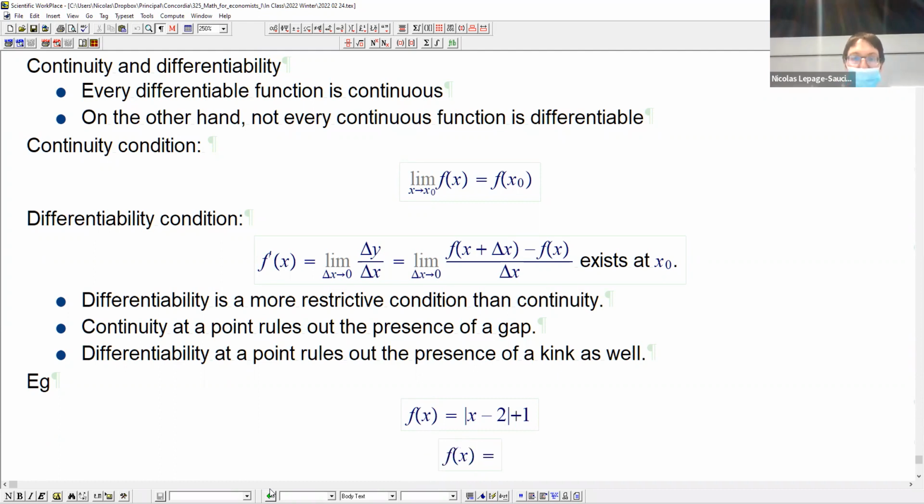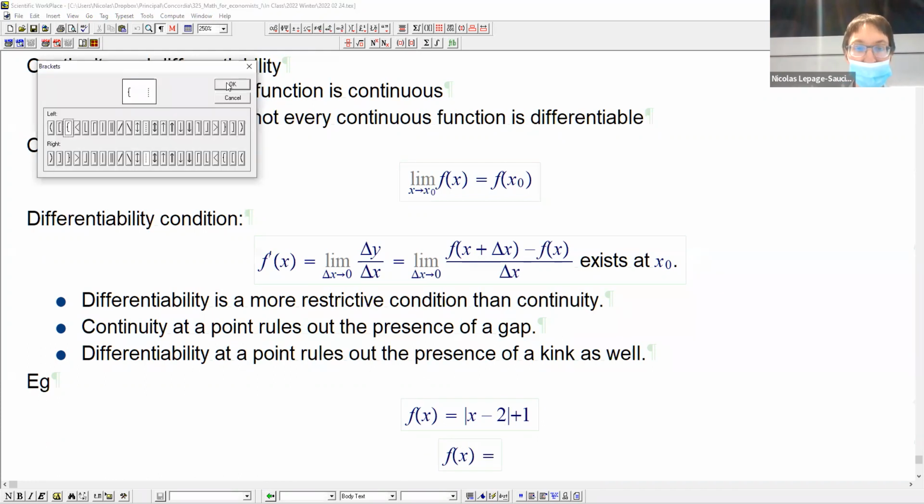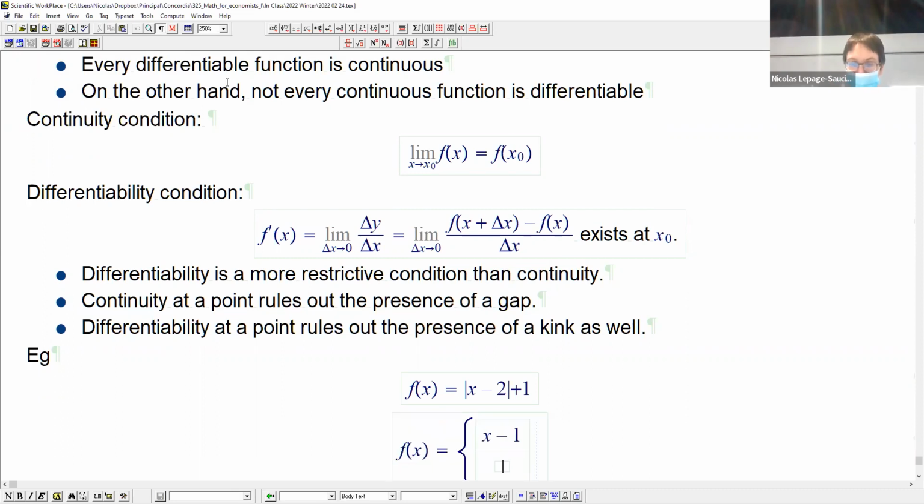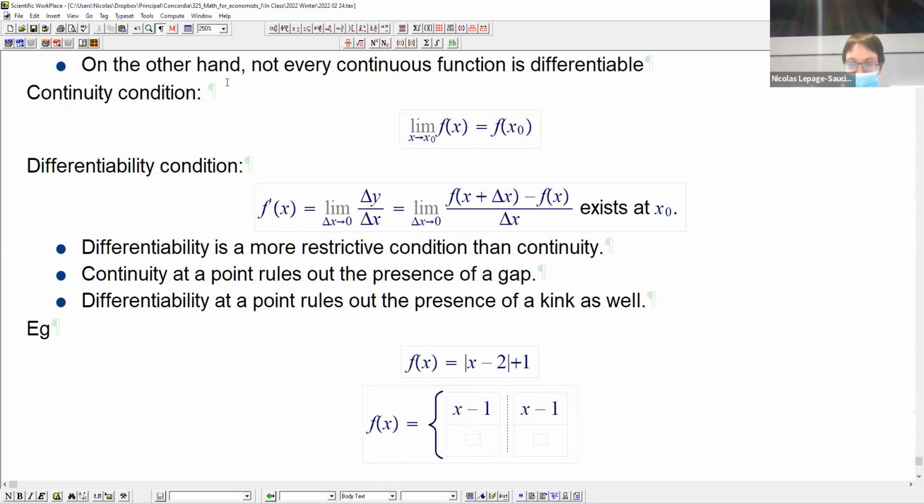So f of x is going to be either x minus 1 for x greater or equal to 2, and it's going to be minus x plus 3 for x smaller than 2.